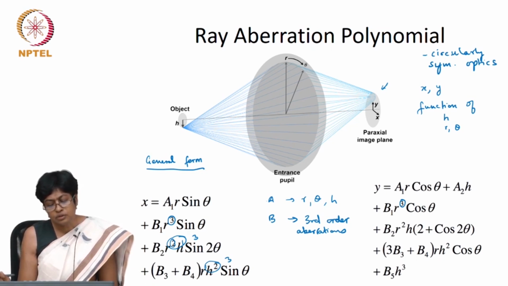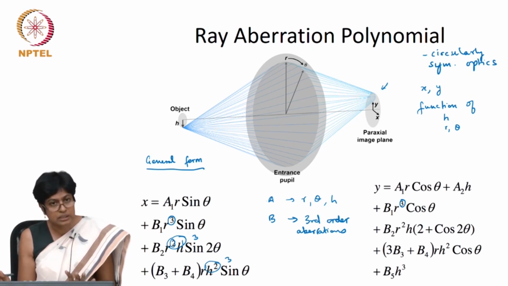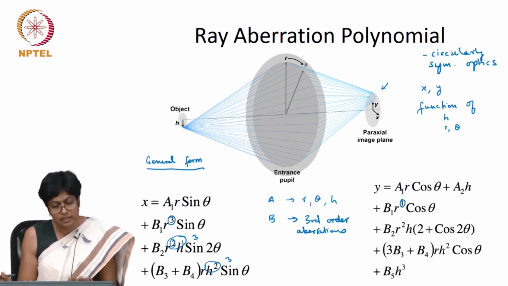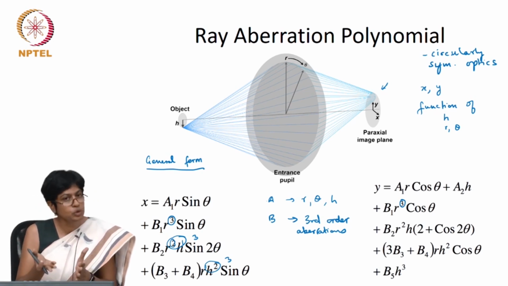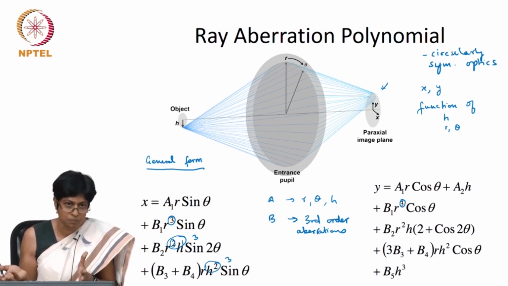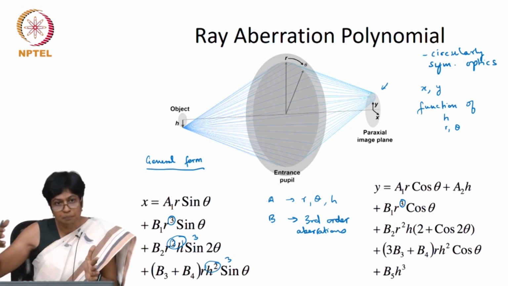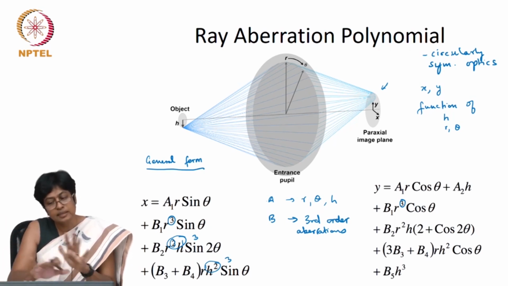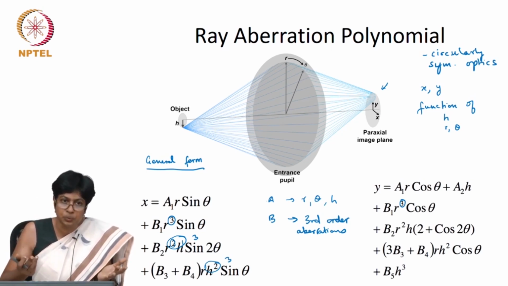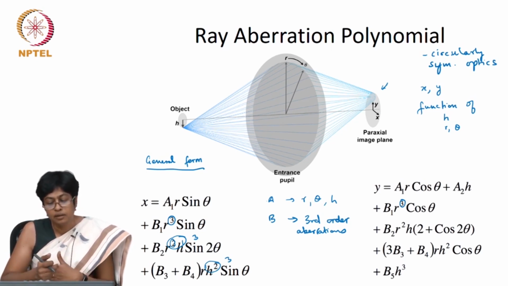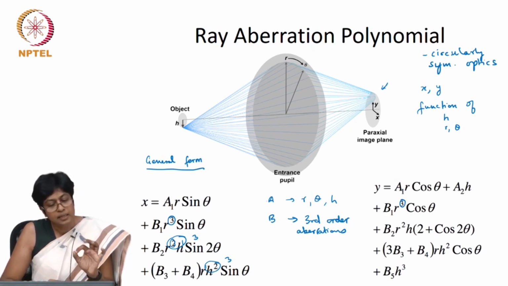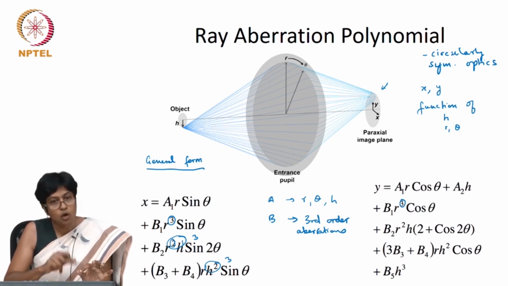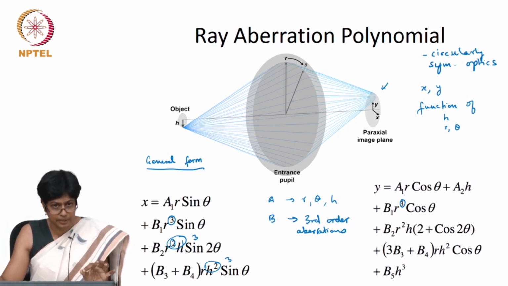You could derive them for a very simple system using some form of matrix optics, but it would get very cumbersome for a complicated system. So here he has derived it taking some things that you know into account. For example, any axial object point will also lie on the axis in the image space.